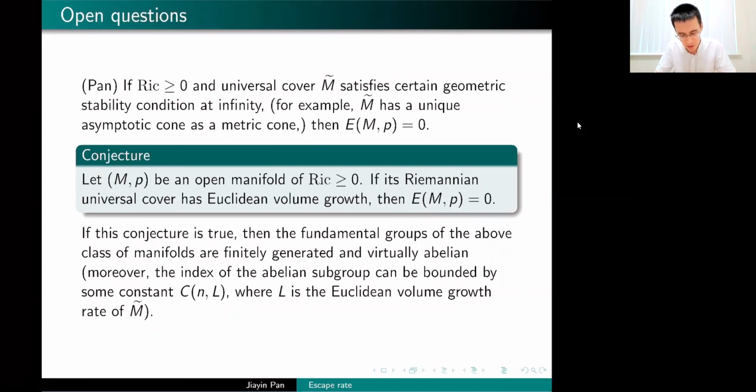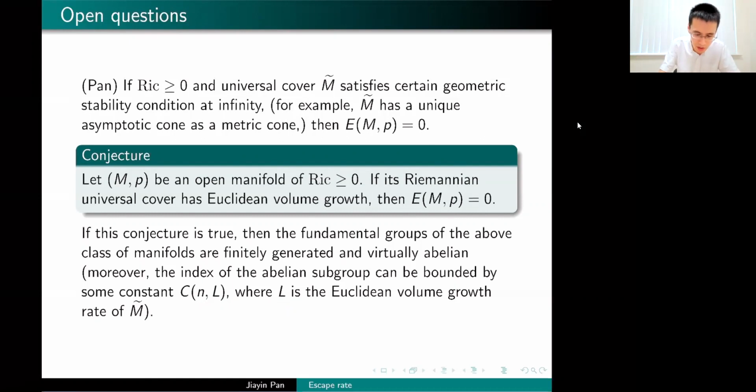And if this conjecture is true, then as a corollary, for this class of manifolds, its fundamental group will be finitely generated and virtually abelian. And moreover, one can bound the index of the abelian subgroup by some universal constant C(n, A). Here, A is the Euclidean volume growth rate.